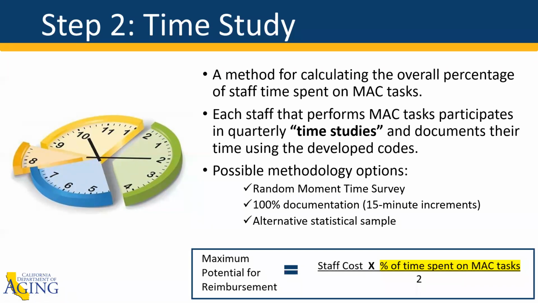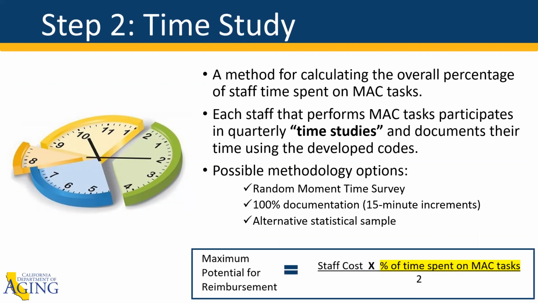So some states do what's called a random moment time survey, where actual software is used to prompt staff on certain days of the quarter to tell them today is the day you're going to start coding your time. And then based on the sample of data that's collected, that's applied to the entire quarter. Some states have staff record 100% of their time for each day of the quarter.